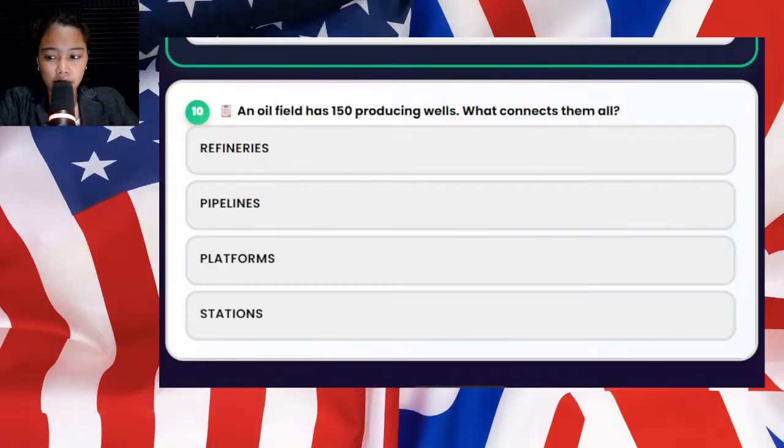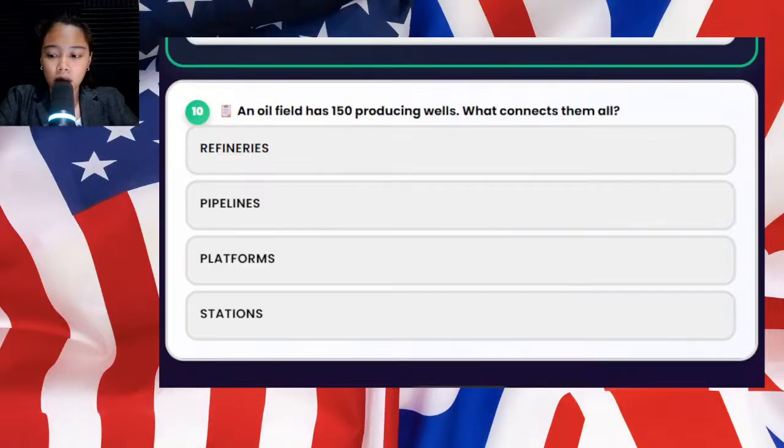Okay, what is our answer here? Again, the item is: an oil field has 150 producing wells. What connects them all? What do you think is our answer here? Among all the options, we have refineries, pipelines, and platforms.